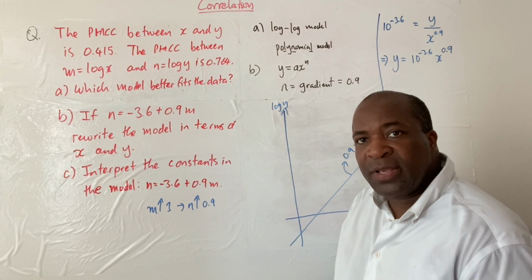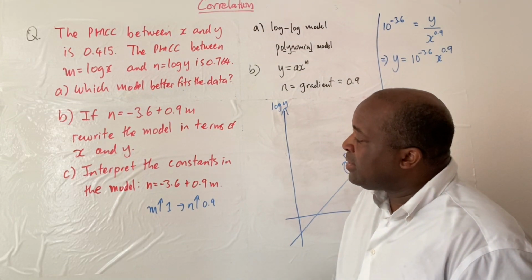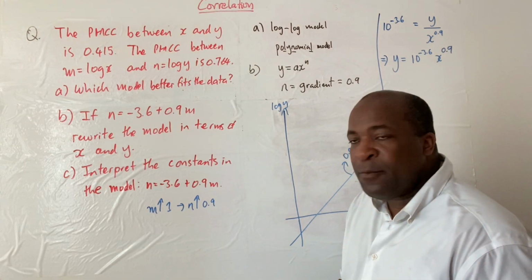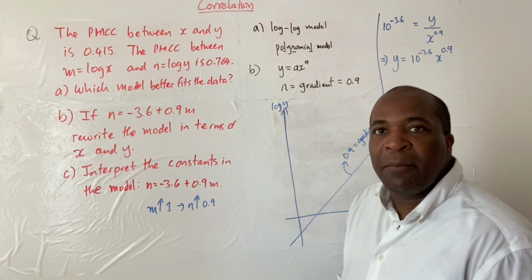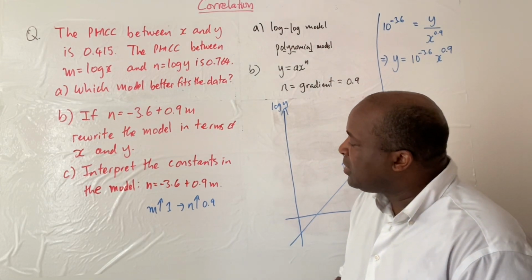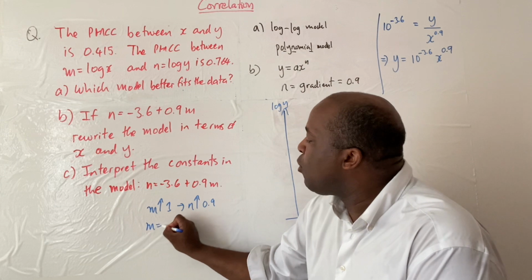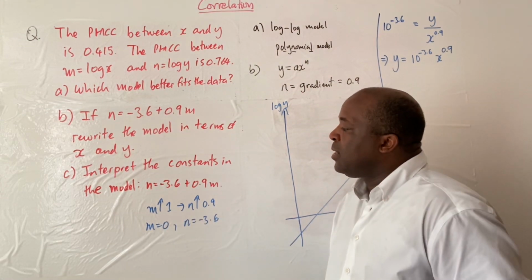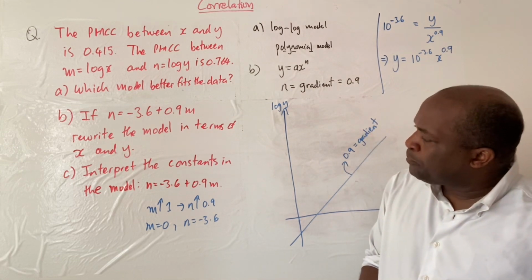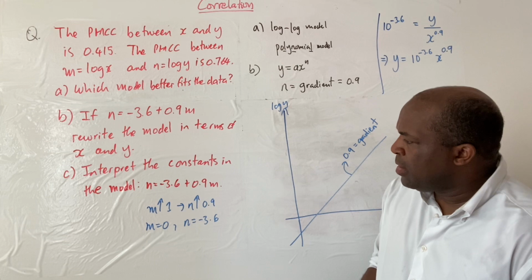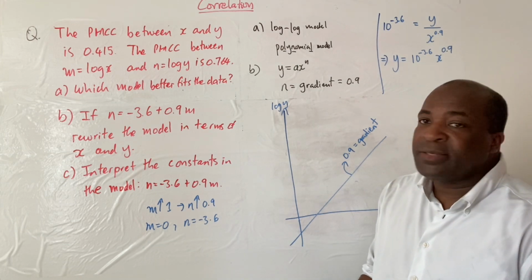Another way of interpreting it is that n is minus 3.6 is the value of n which is independent of m. So that's another way of descriptively interpreting what it means. So when m equals 0, n is equal to minus 3.6. All right, and that concludes the presentation of this question.